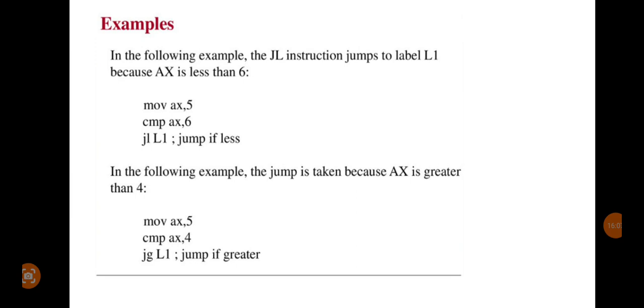Now what instruction are we going to use? JL. JL means jump if less than. Here it jumps because the AX content is less than 6, thereby the control is transferred to the next location.